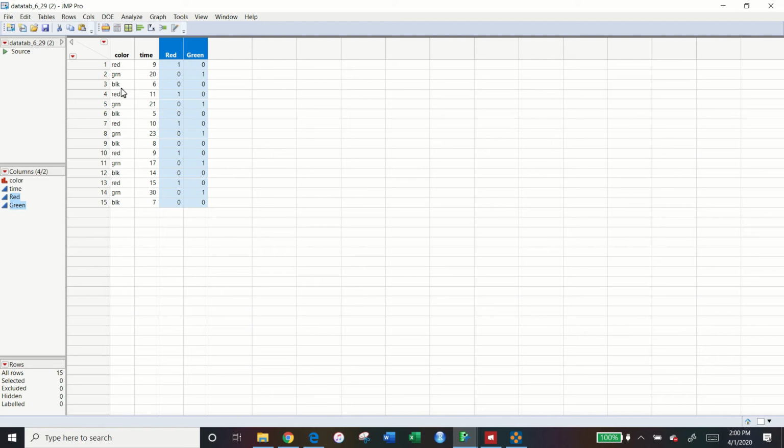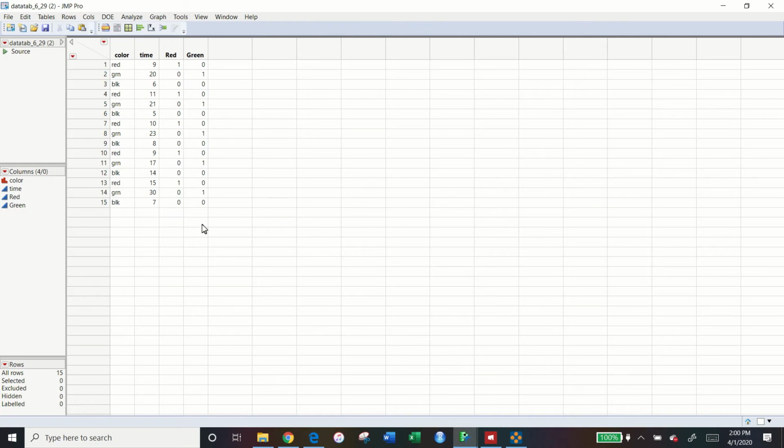So we have three colors, 3 minus 1, which is 2. To make these two columns, I did a red and a green, and I let black be that baseline. Whenever we had a color red, I put a 1, 0 otherwise. And for the green column, green was 1, all other inputs were 0.